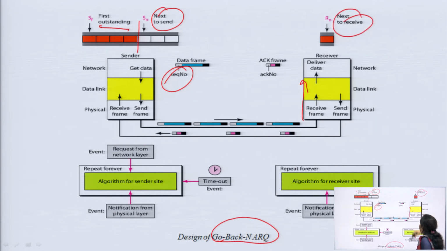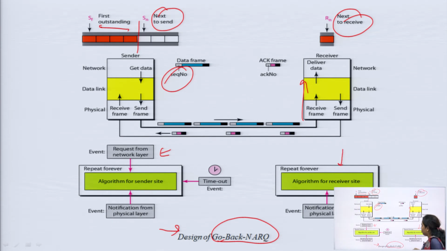Then you can see the design of the go back N protocol shown over here. This is the algorithm for the sender side and this is the algorithm for the receiver side. This is repeat forever, the notification from the physical layer, and the notification from the other layer is shown over here. The request from the network layer is shown over here.